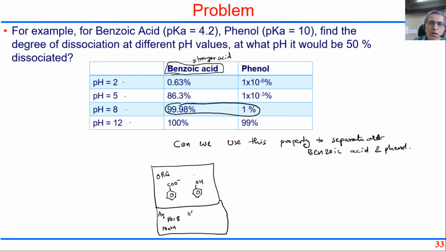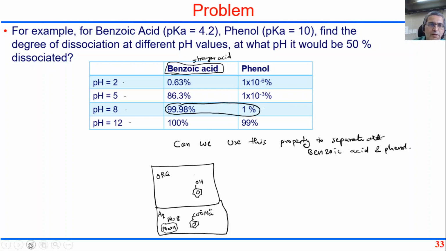So all the NaOH that I have put in will essentially react with the benzoic acid. It will make sodium benzoate, and then sodium benzoate will come in the aqueous phase, and phenol will essentially remain in the organic phase.